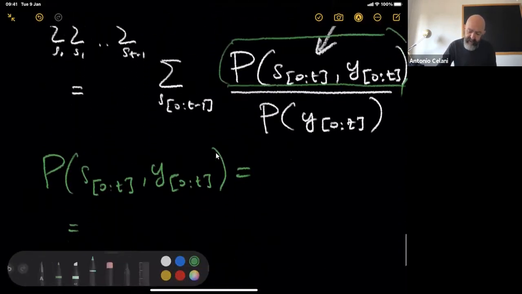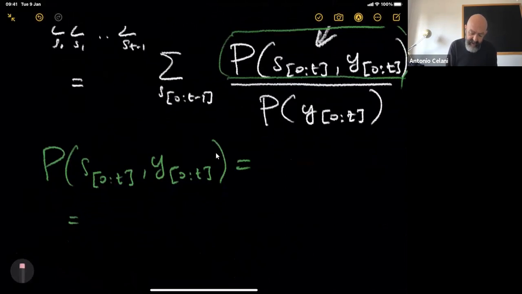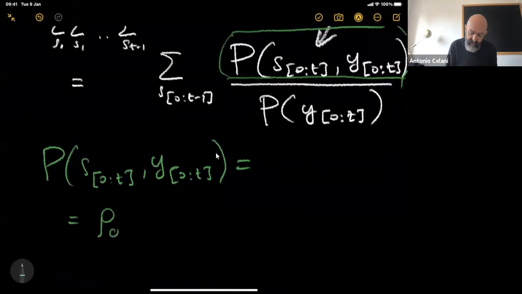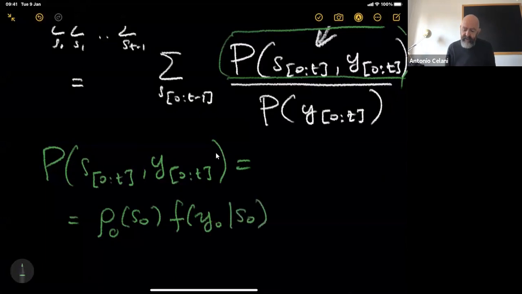All right, so let's start from the first item. And first and foremost, there is my probability distribution, let's call it rho naught, of my initial state. I have to start somewhere, and this is my distribution over the states at the initial time. Then I make an observation, which I'm going to call y0, and this depends on the state S0.